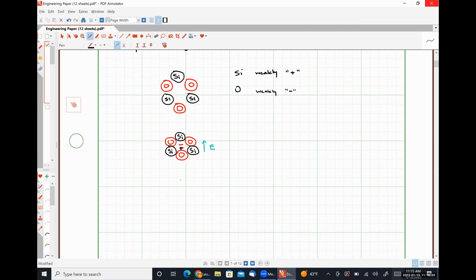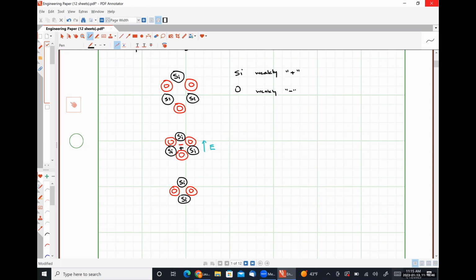counter to this effectively, let's consider if we had a material with this structure. In the uncompressed state, the center of positive charge is the center of the diamond shape. The center of negative charge is also the center of the diamond shape.